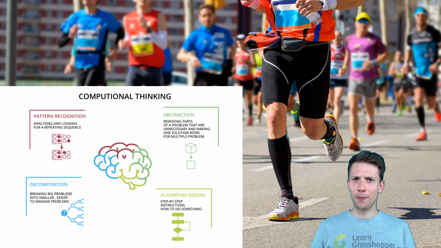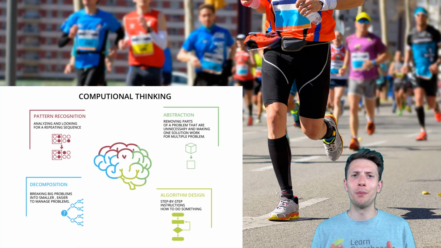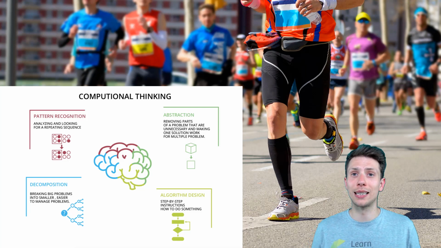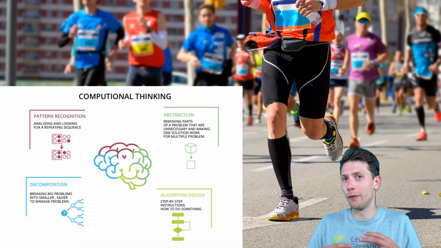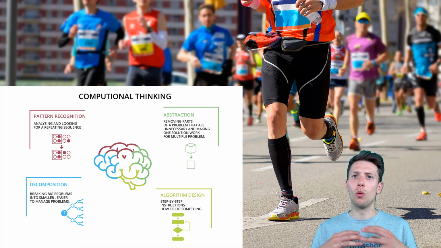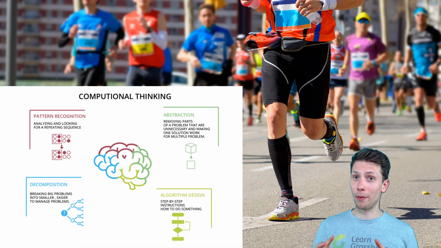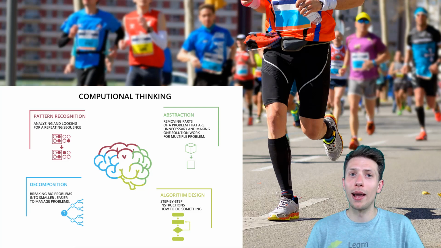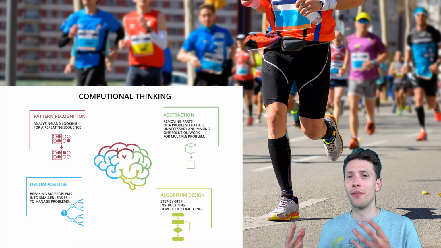The final step, lastly, we need to create a simple step to solve each of the smaller problems. To do this, we have to design rules that are easy to follow, an algorithm. In this metaphor, we would have to instruct, or program, ourselves in a way to perform all planned training.